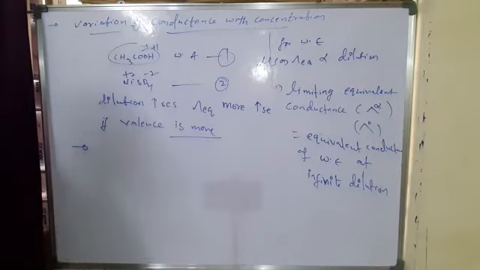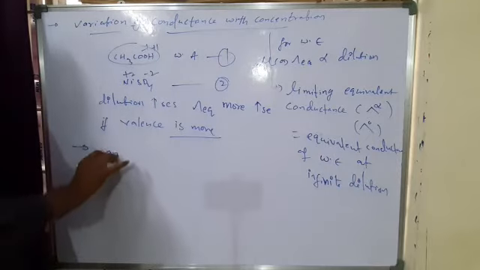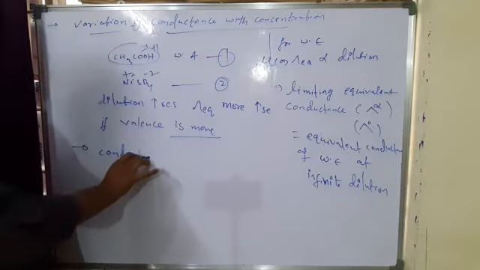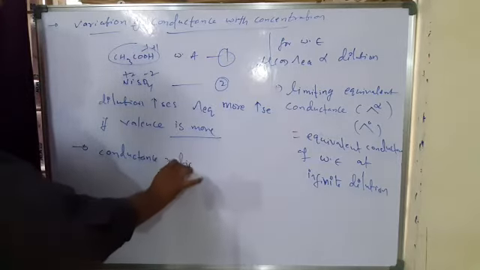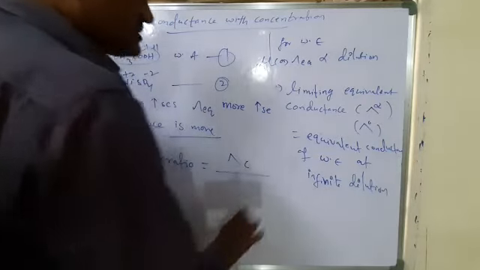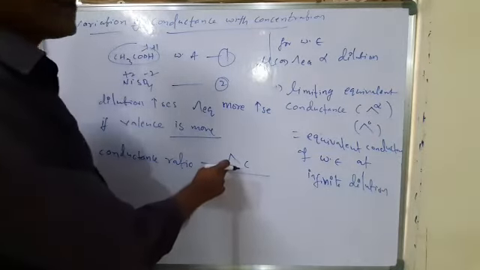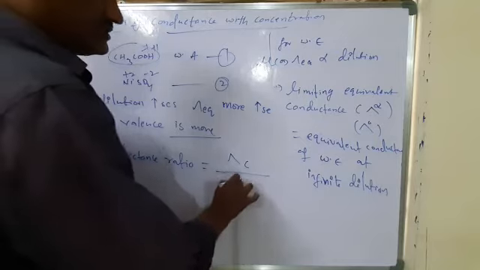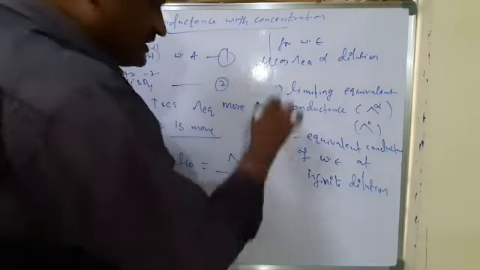Next, the conductance ratio. The conductance ratio is the ratio of the conductance of an electrolyte at concentration C to the conductance of the electrolyte at infinite dilution.